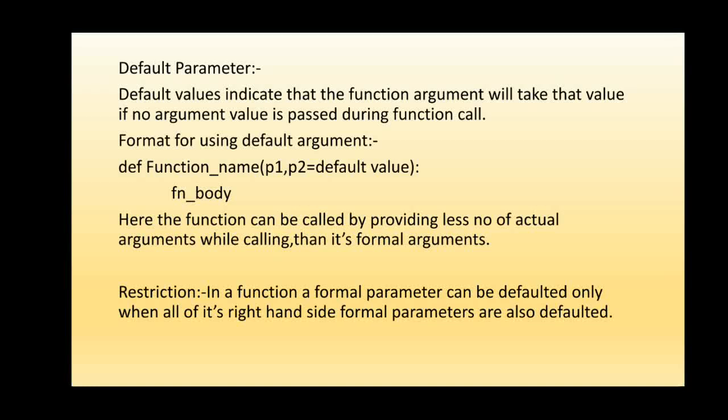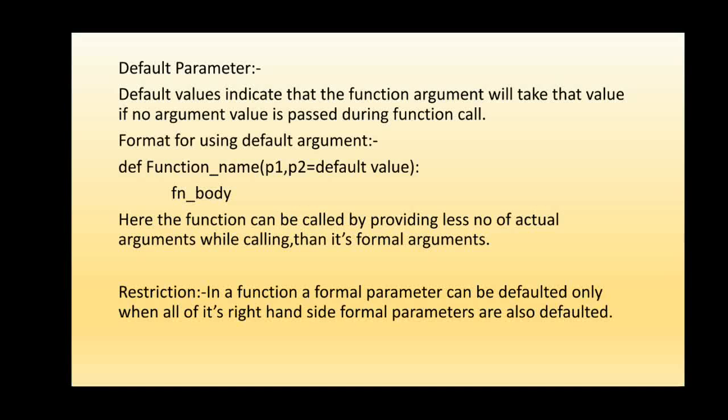We know what is formal parameter and what is actual parameter. So far, when we have called the function with actual parameters, the number of formal parameters and actual parameters were the same, but we are going to change that in today's class.